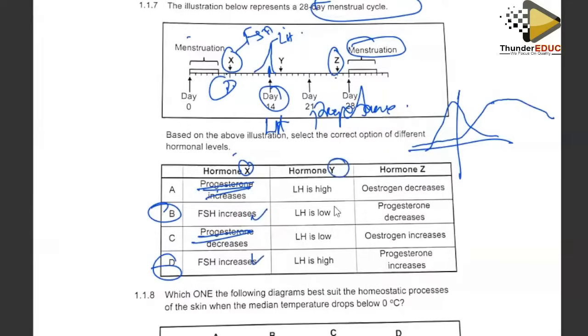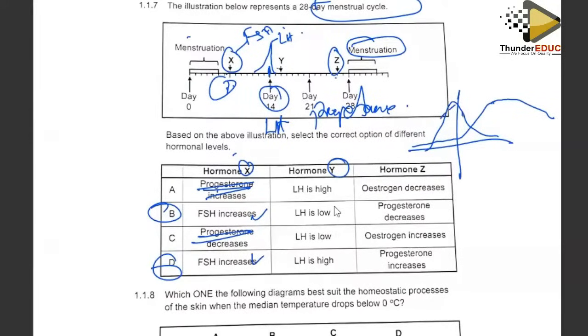Let's go to Y. Y is next to day 14. So I expect either progesterone to be increasing, or luteinizing hormone to be decreasing, because it has passed day 14. Since they're saying Y is luteinizing hormone, that is correct.